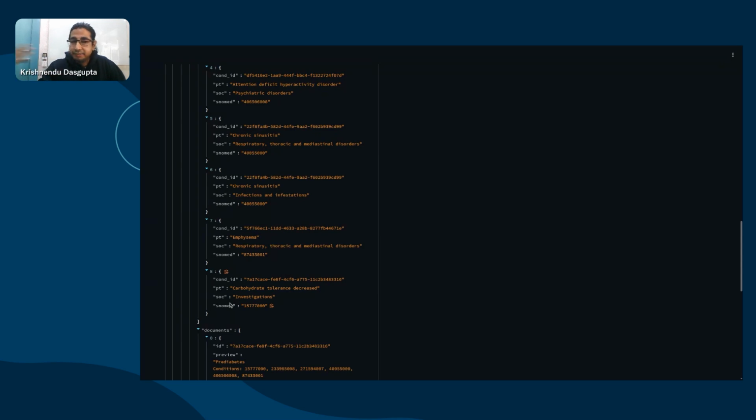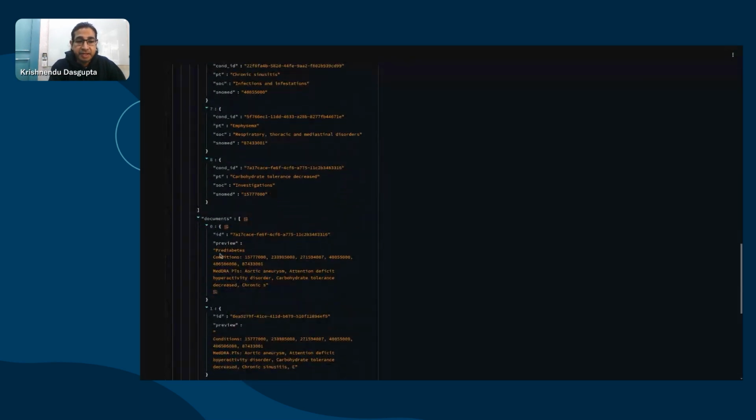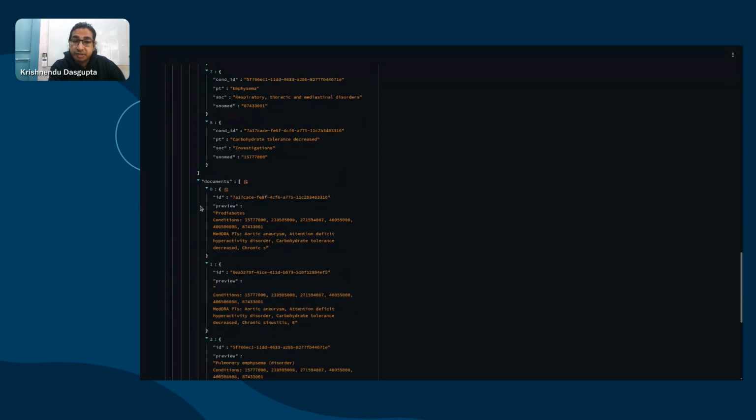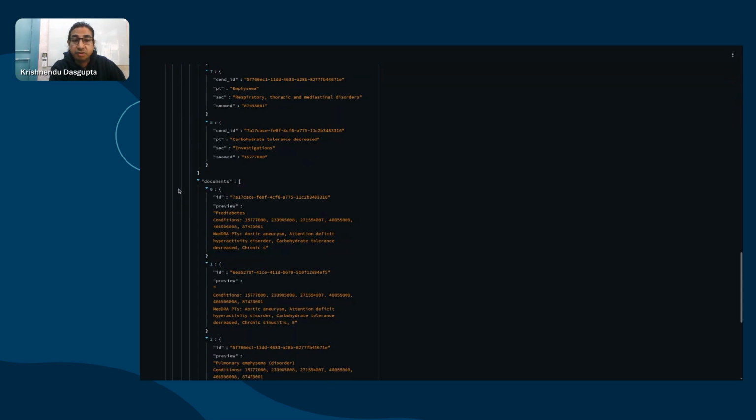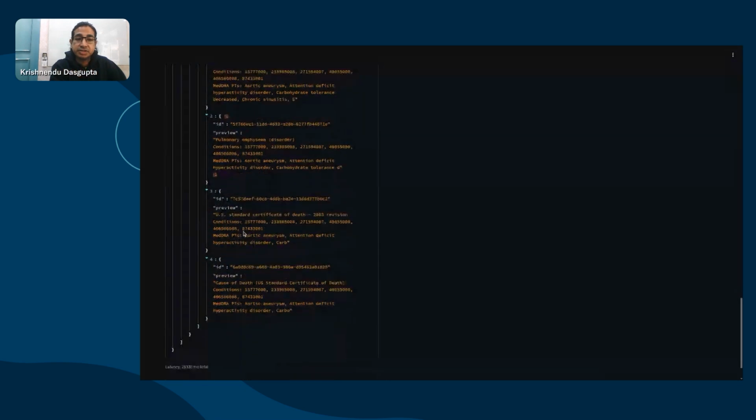And there are multiple data points from a FHIR record. Now, if I look into the documents, there is another structured preview of the documents which are coming in, because for other relational patients, if a person had something similar, those can be mapped together into these clusters of patients.